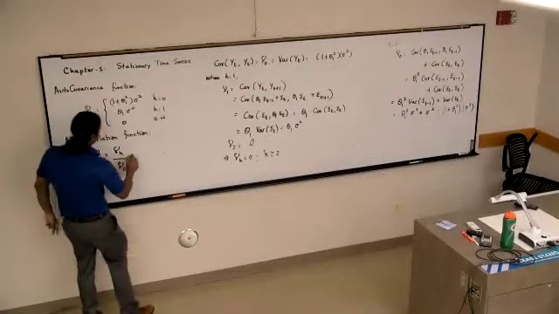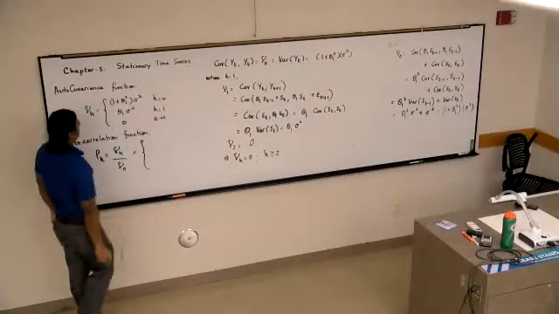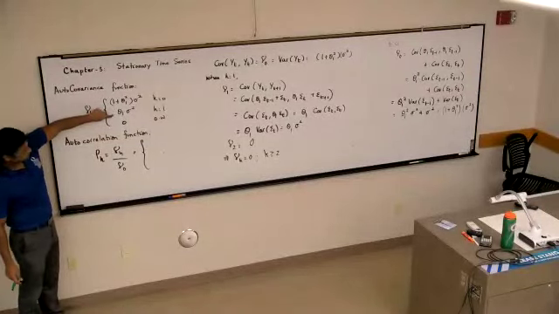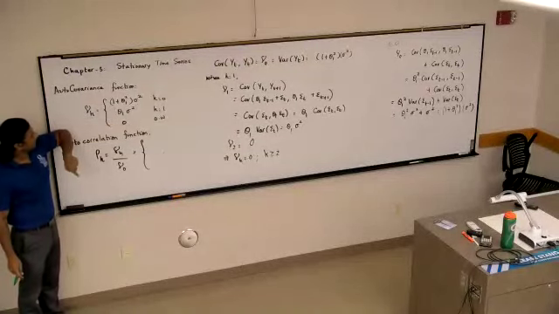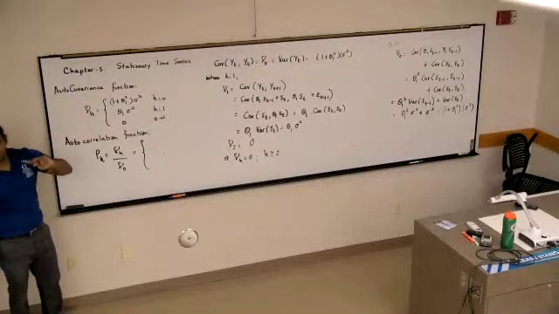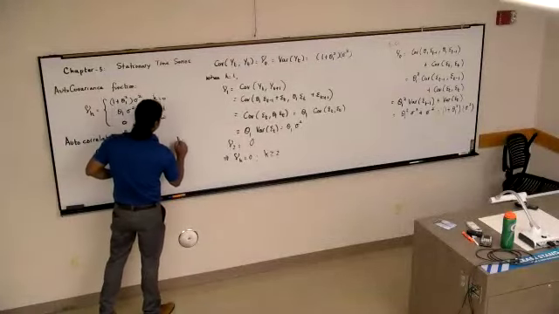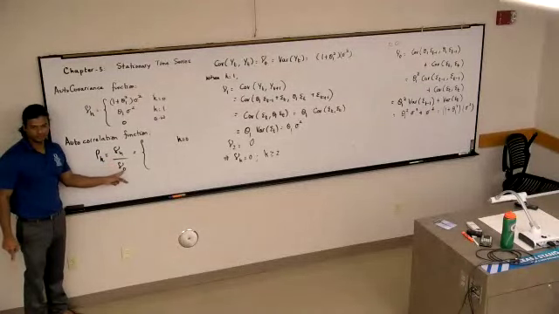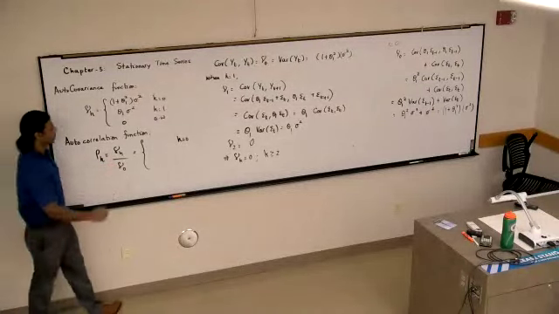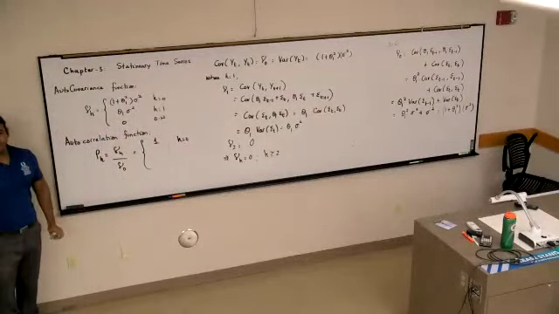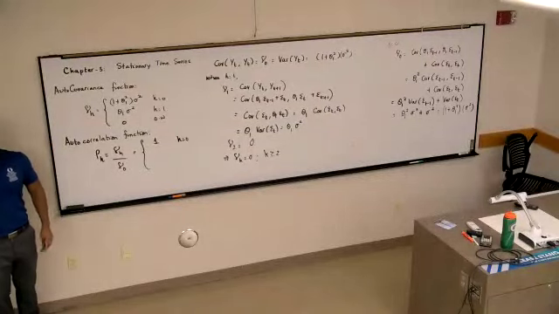So in this case, we want to take theta 1 sigma squared divided by 1 plus theta 1 squared times sigma squared. When h is equal to 0, you have gamma of 0 over gamma of 0, correct? Which is 1.